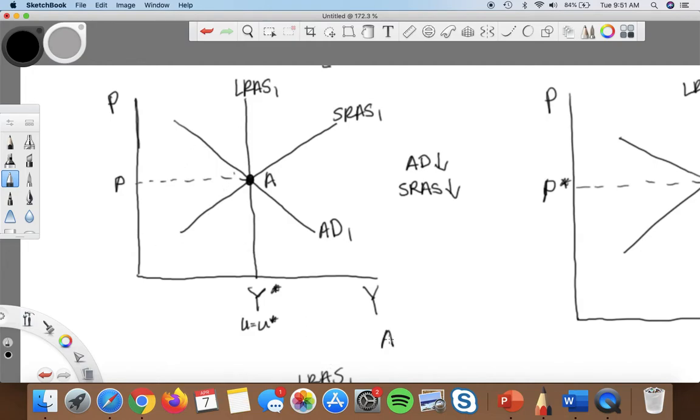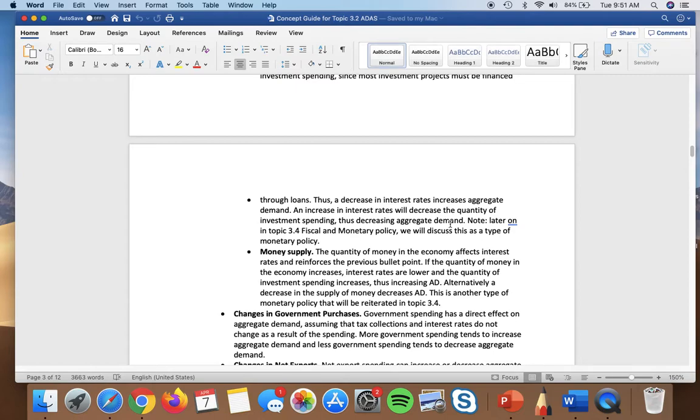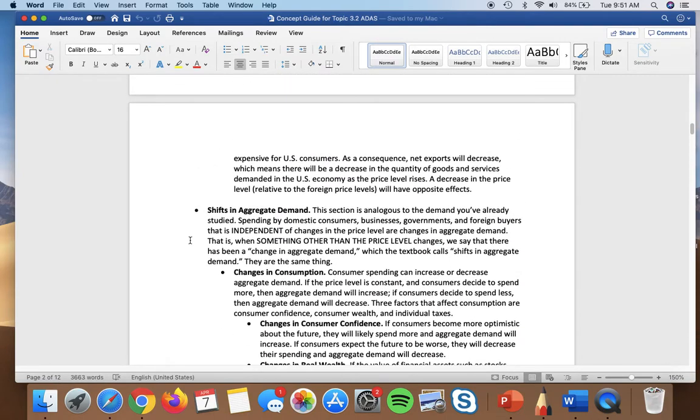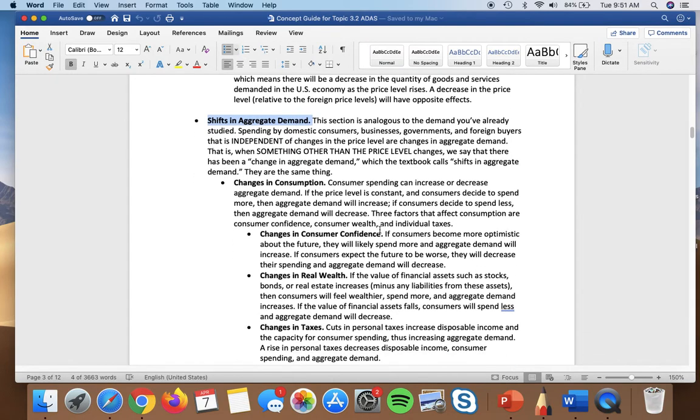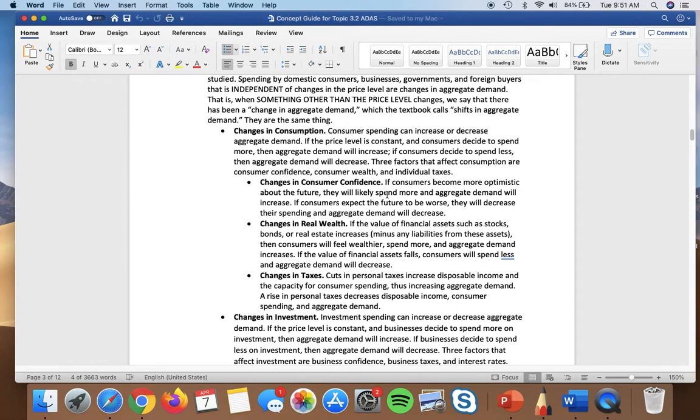So we're going to start with aggregate demand. As a reminder, aggregate demand has four components: C for consumption, I for investment, G for government spending, and NX for net exports. So there are shifts in aggregate demand from this concept guide that can shift any of the components and therefore shift the aggregate demand curve. So for consumer confidence, changes in consumption, I think it's safe to say that a lot of people are worried about losing their jobs.